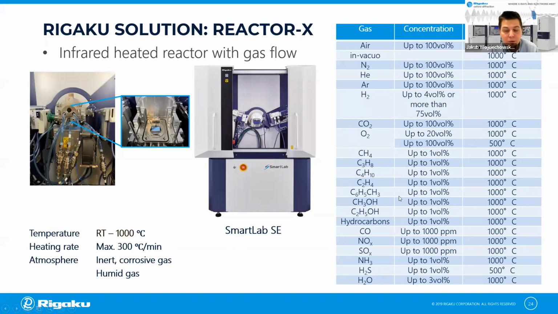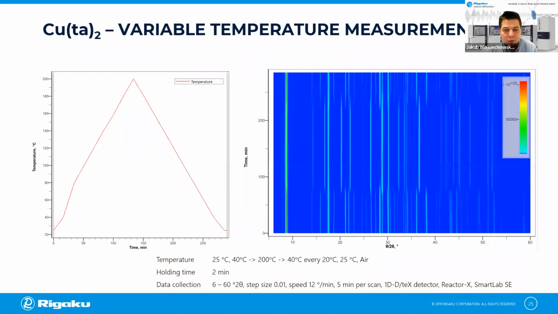So if you're doing something with your MOF and you need hydrogen or some other oxides, you can still introduce this to the chamber and run variable temperature studies with your MOF sample. So this is an example of how the analysis would look on this SmartLab seal tube system with DTEX detector.